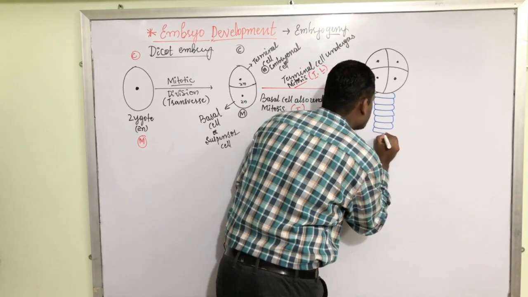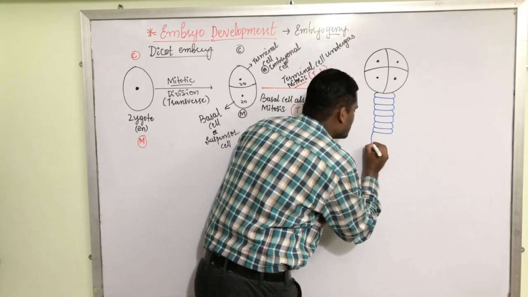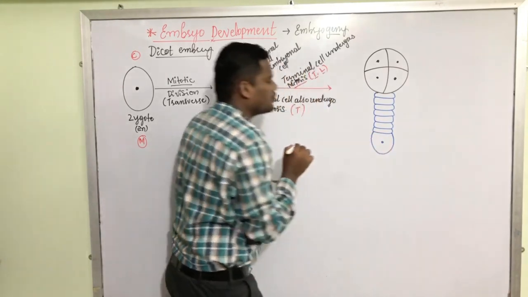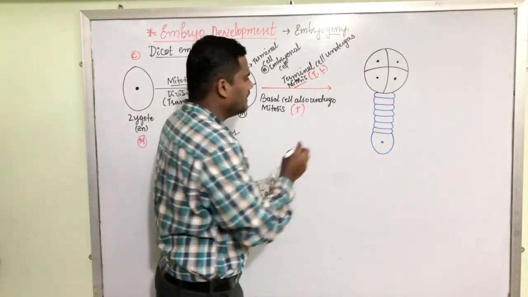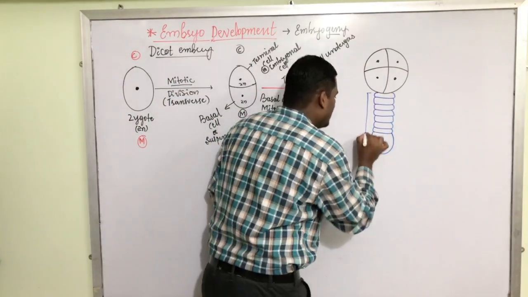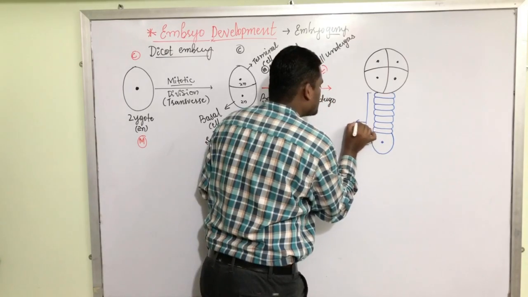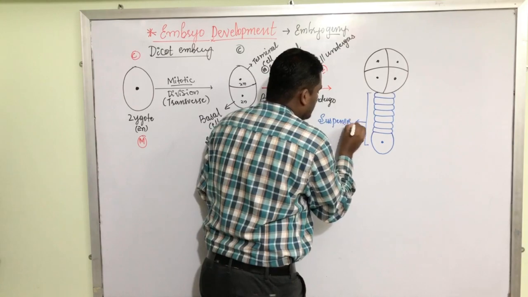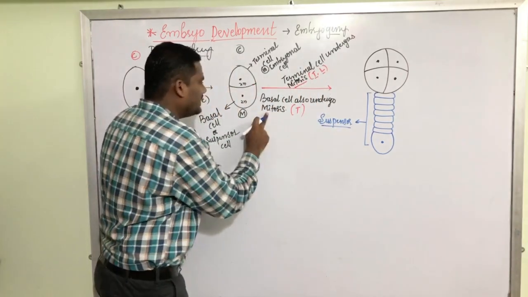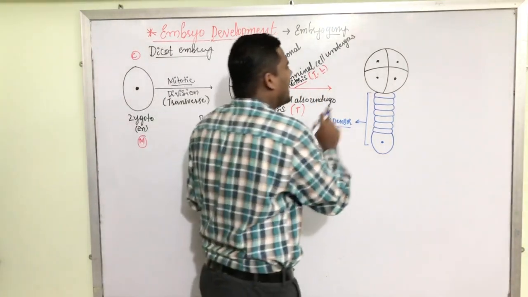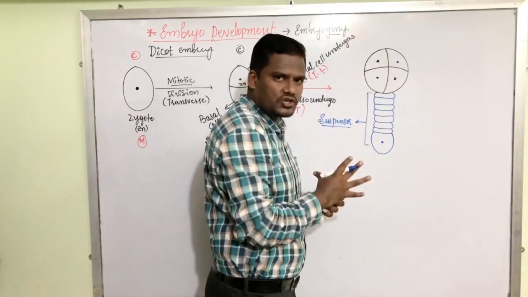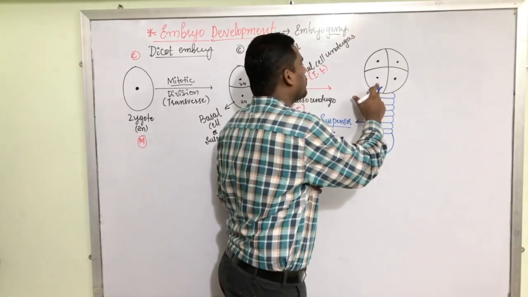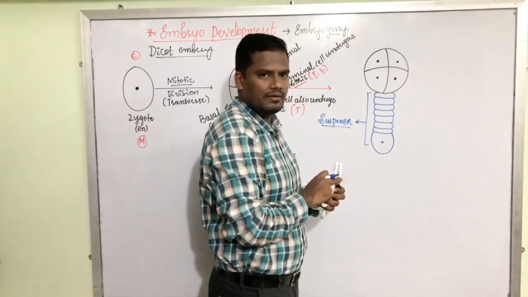All these cells are the suspensor cells, but at the base we have a large swollen cell. This entire structure is called the suspensor. The suspensor is formed by the basal cell, whereas this globe-like structure consisting of 4 cells is because of the terminal cell.